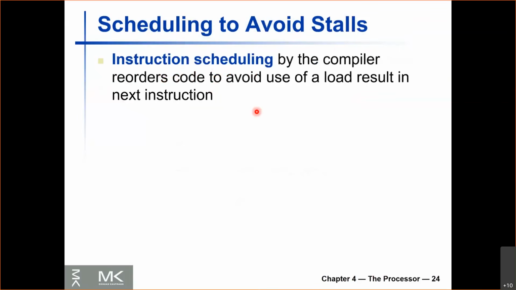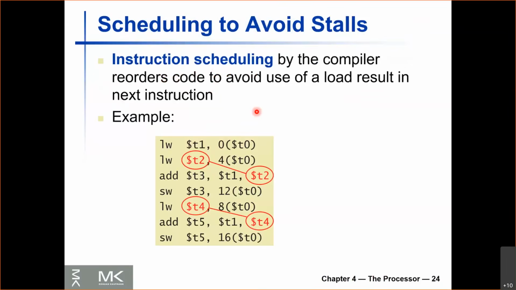In this code, I have a load instruction followed by an add instruction that uses the result of the load. And here I have another load instruction that produces a value used by an add instruction right after it. If I execute this code, I'm going to have a stall between this load and this add instruction, and another stall between this load and this add instruction.